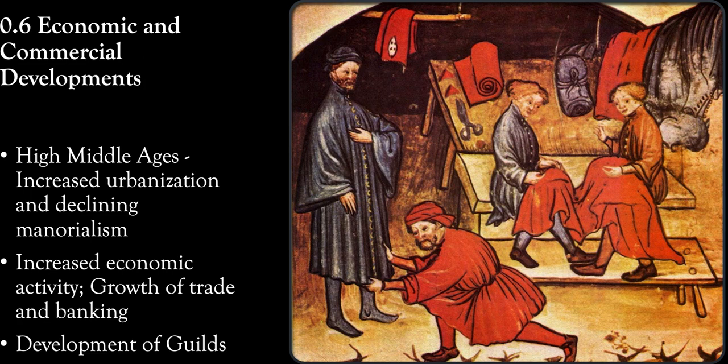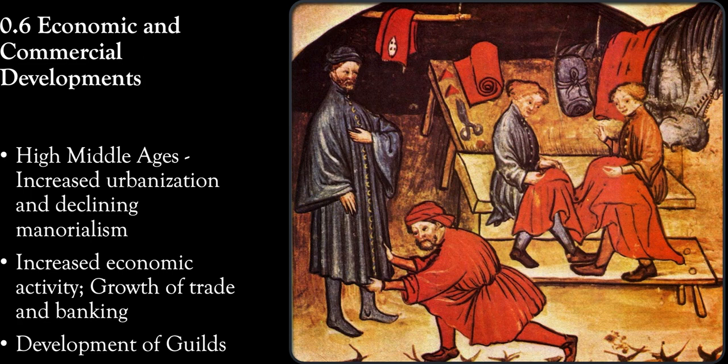All of this supports the rise of the merchant class. So merchants are starting to develop considerable power in urban areas and trading cities, and this is probably most obvious in Italy. And finally, we start to see the development of guilds in the High Middle Ages.